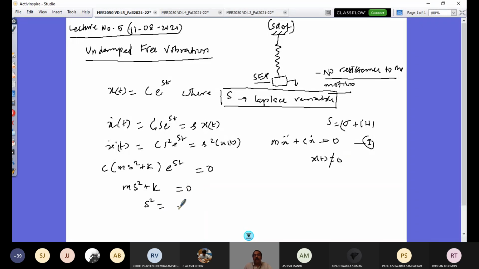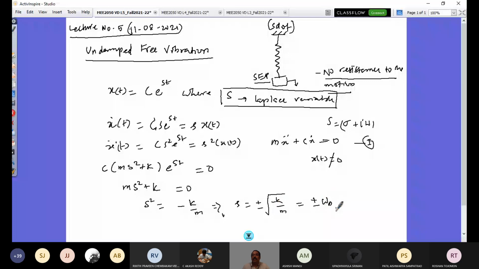That's going to give me s equals plus or minus under root of minus k by m, that is plus or minus i omega n.